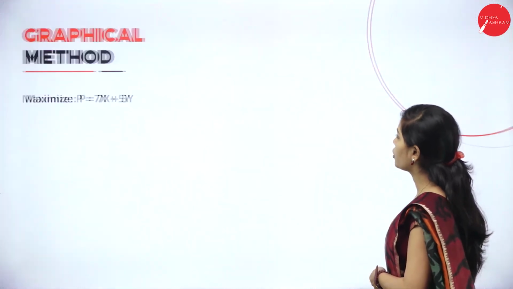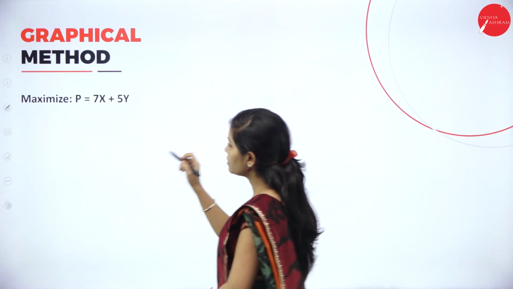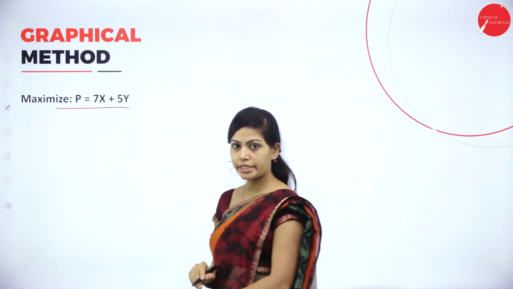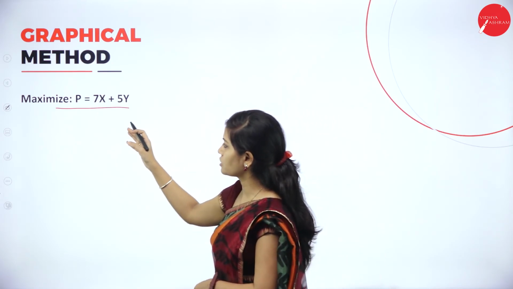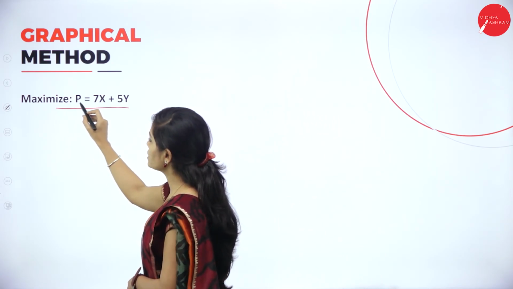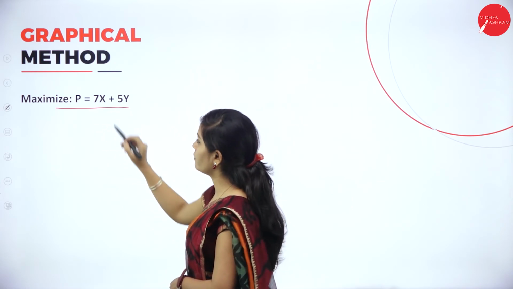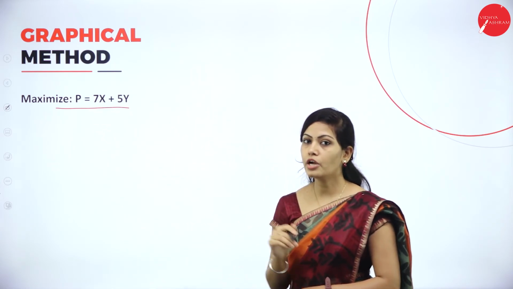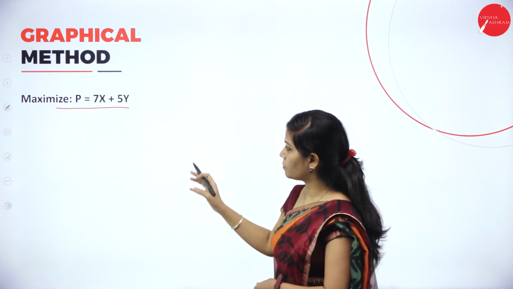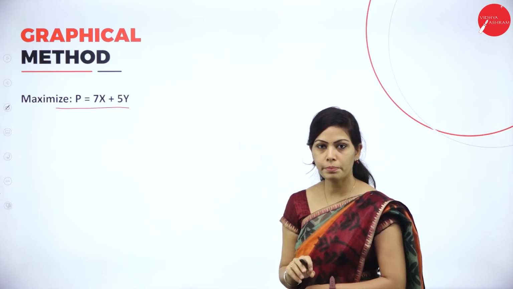Let's find the optimum value now. So here, using the Z max objective function, maximize profit P is equal to 7x plus 5y. This is my objective function. So using this objective function, we can find the optimum solution.